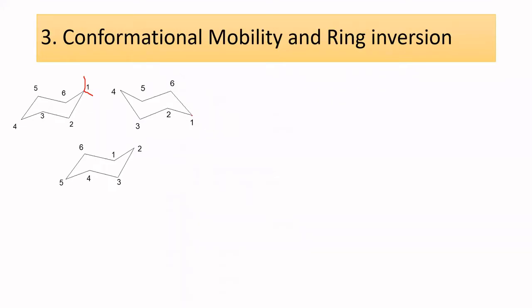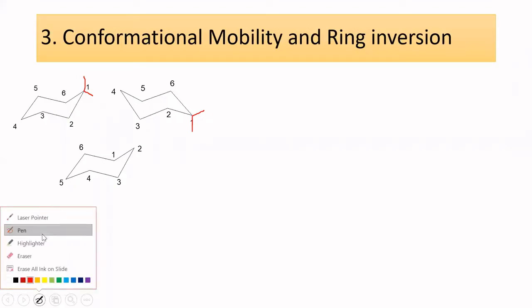Over here also, this is my axial bond and this is my equatorial bond. There are two bonds over here. Now in the first structure, my axial bond is on the top, or above the plane. And this axial bond is below the plane, pointing below the plane.